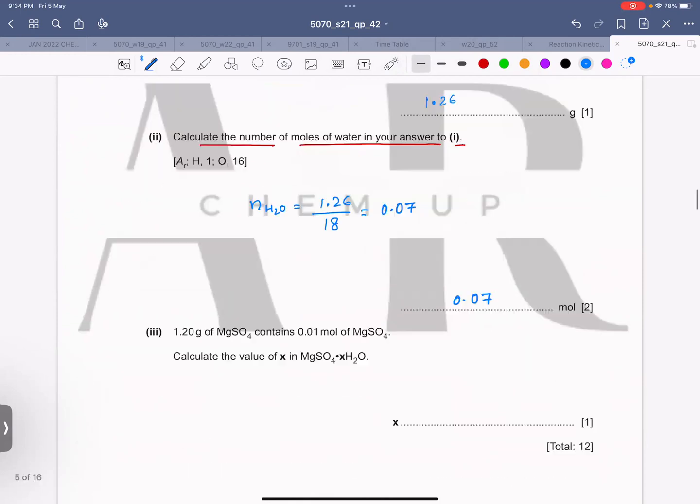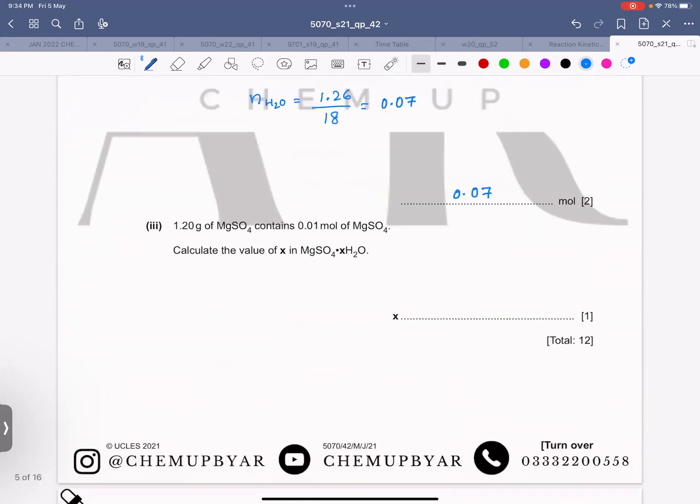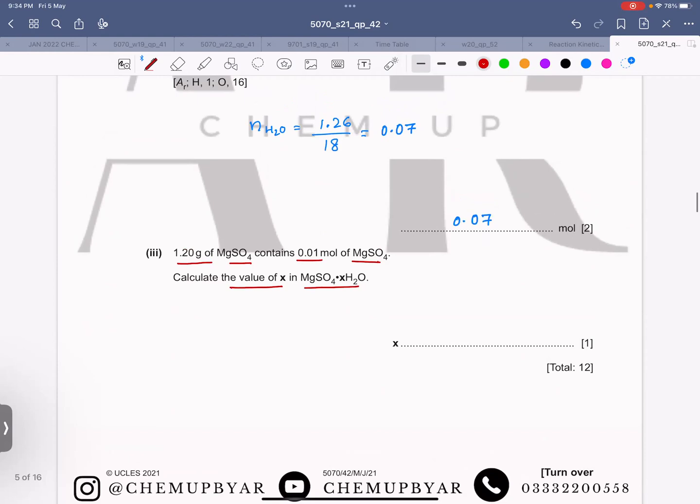Okay. Then 1.20 gram magnesium sulfate contains 0.01 mole of magnesium sulfate. Calculate the value of X in magnesium sulfate. Okay, so these moles are actually lost when the final mass of magnesium sulfate left was 1.2. So we can easily relate these two.